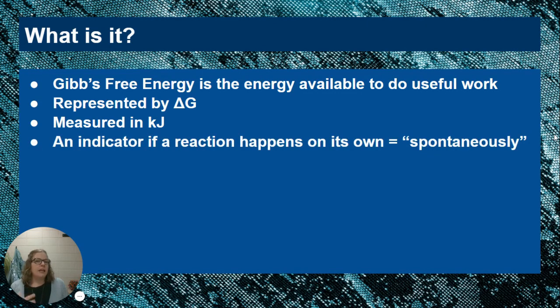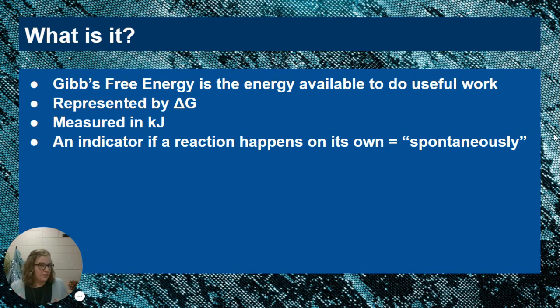And Gibbs free energy, the reason why we use it so many times is because it's an indicator of something that we call spontaneity in chemistry. And spontaneity is a chemical process that happens on its own, unassisted by energy constantly being pumped into it. So if you think about rusting, a car will over time spontaneously rust. It'll get rust on it.